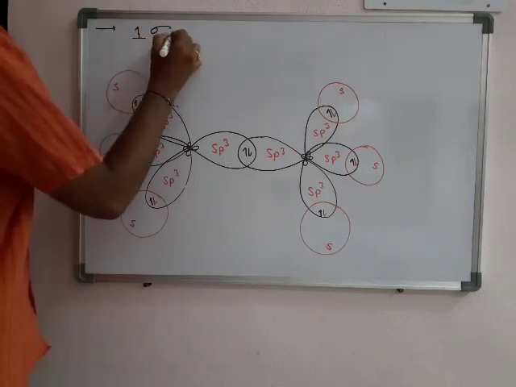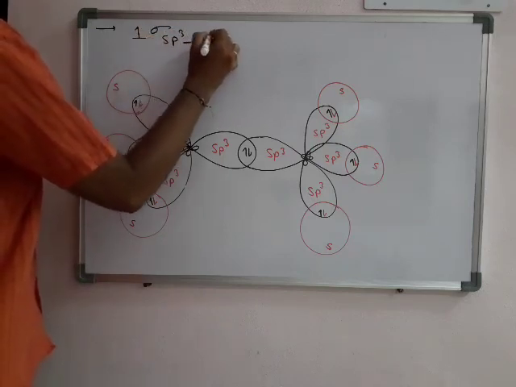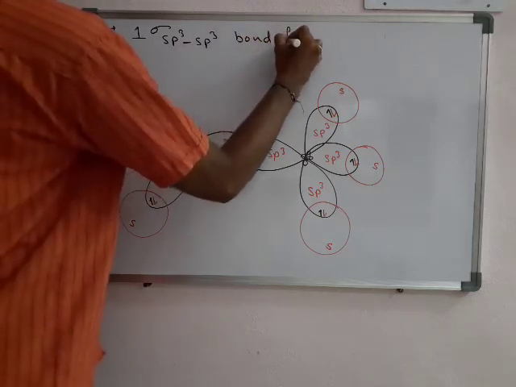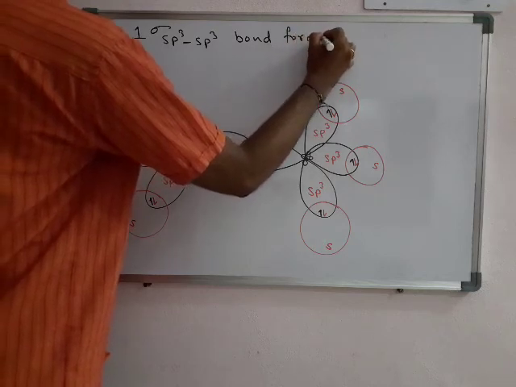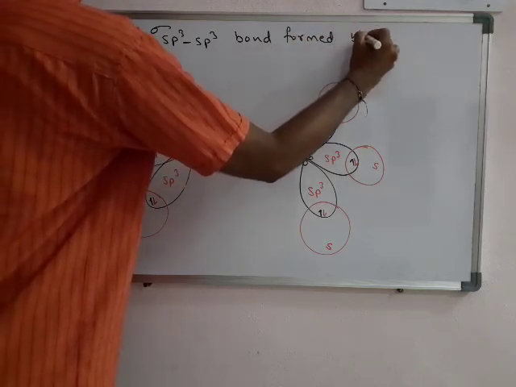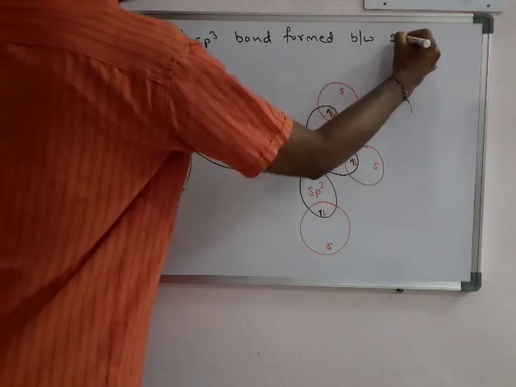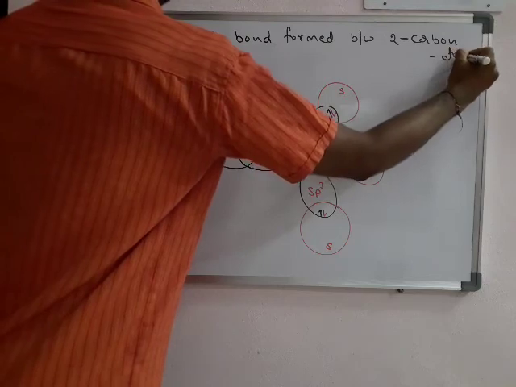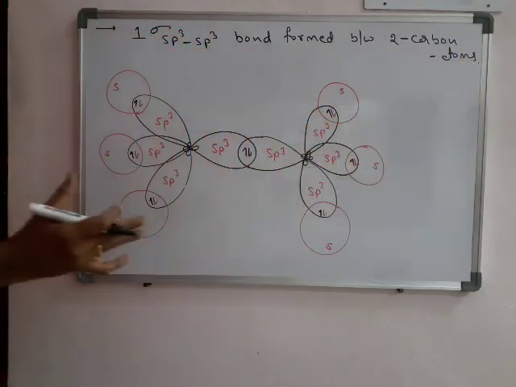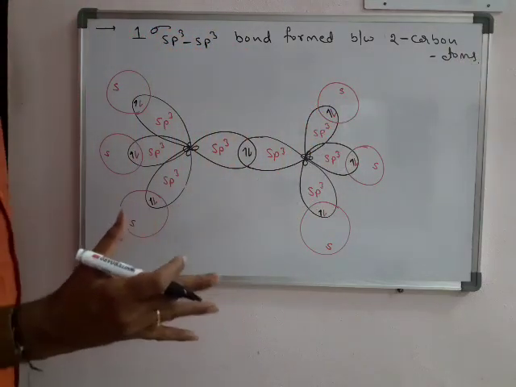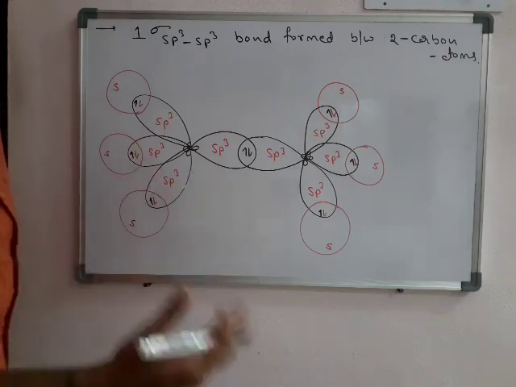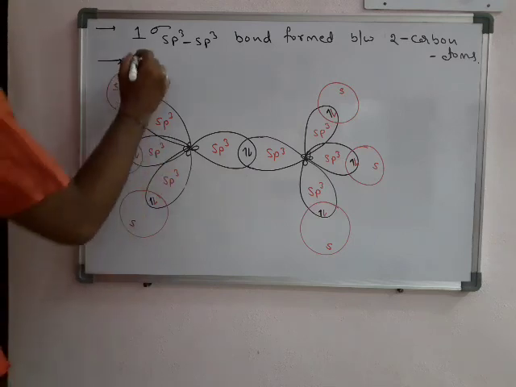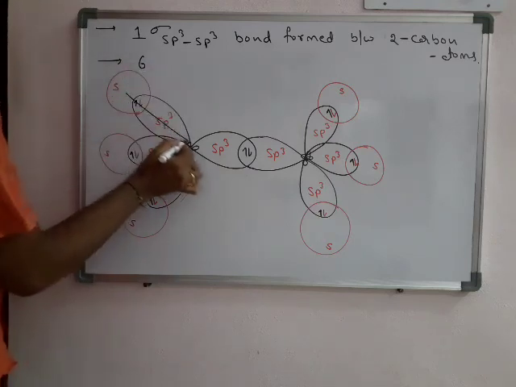There is one sigma sp3 bond formed between two carbon atoms. You must know which bond is present, which type of overlapping is present between which atoms. Now there are 6 bonds formed. They are also straightwise overlappings.